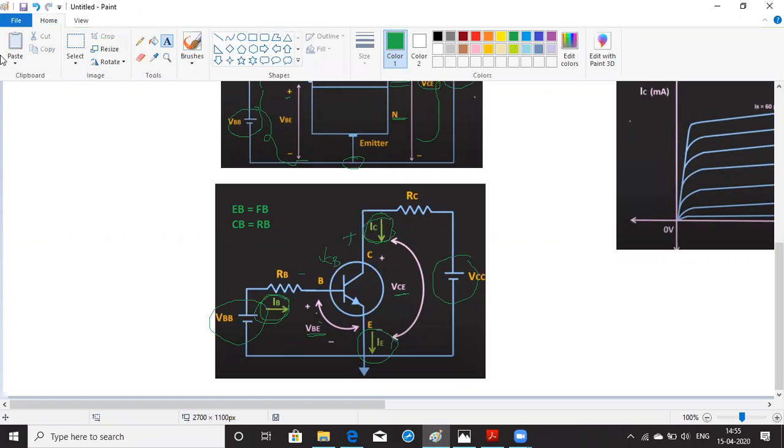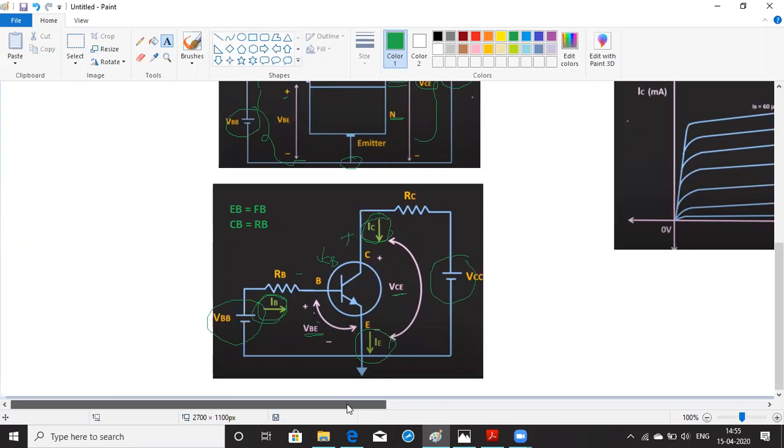In all the configurations we are going to make the emitter base junction forward biased and the collector base junction reverse biased, because we would like the transistor to operate as an amplifier only.